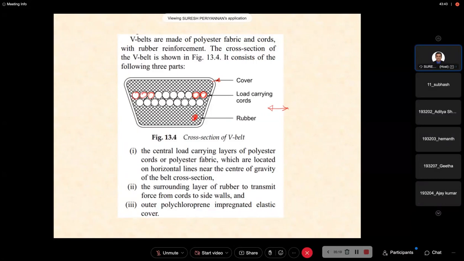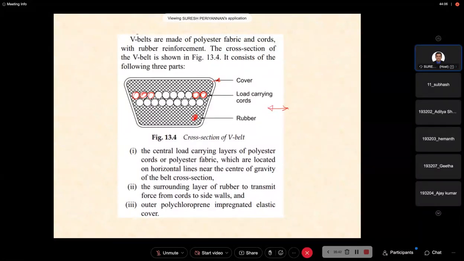These load carrying cords, polyester fabric material or steel wires, are all located at the center of gravity of the belt cross section.